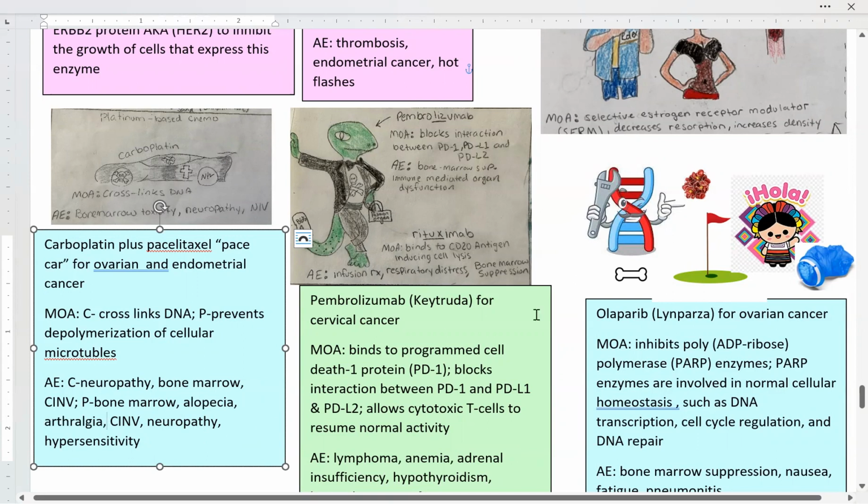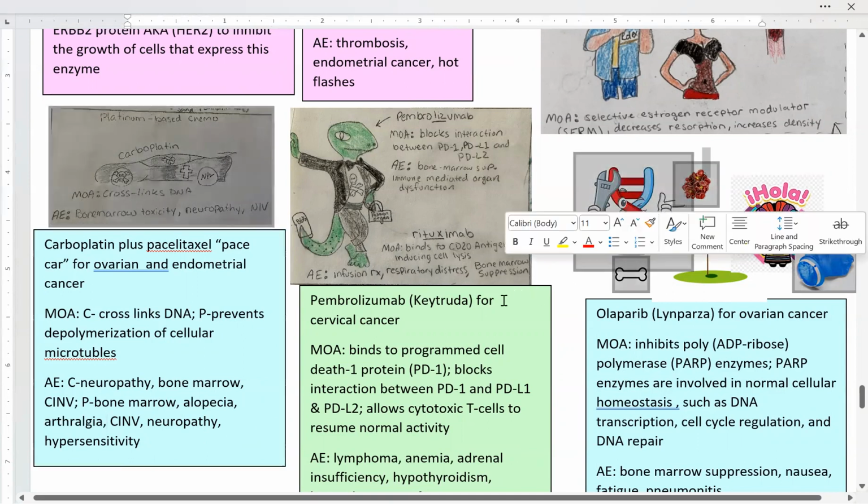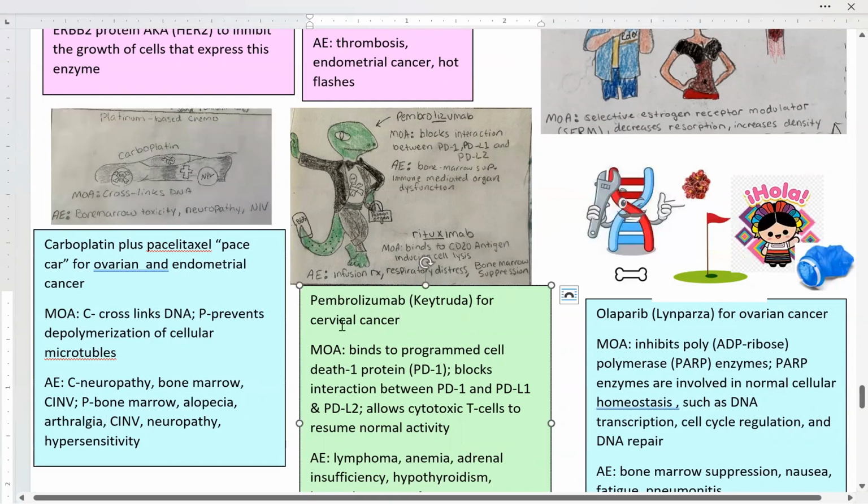Next is pembrolizumab or Keytruda, and that is for cervical cancer. So I had this lizard, and he's like in a tux. Because I always, for some reason, thought of an undercover cop, and they're like PD, like police department, PD.